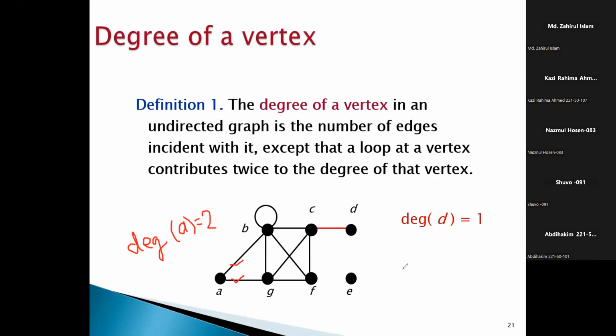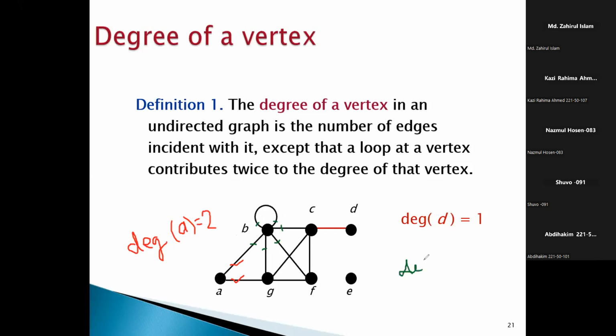3. So, see how many degrees are there? One line. I'm giving different colors, so you will understand. One, 2, 3, 4, 5, 6.